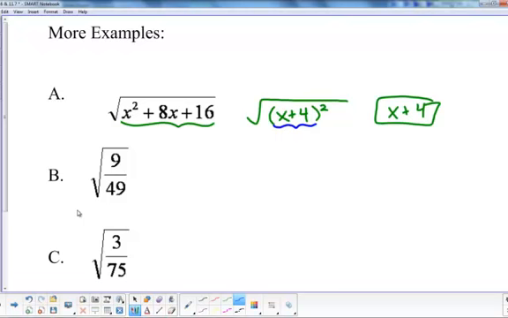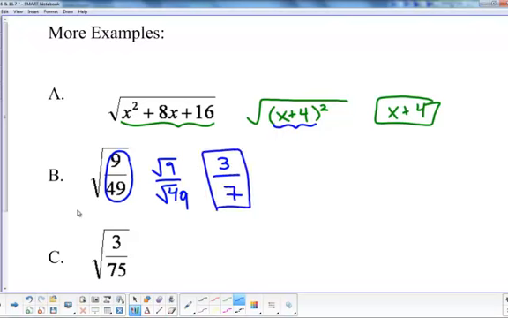Something like this, you could separate the square root. So the square root of 9 is just 3, and the square root of 49 is 7, so we can just leave it just like that.